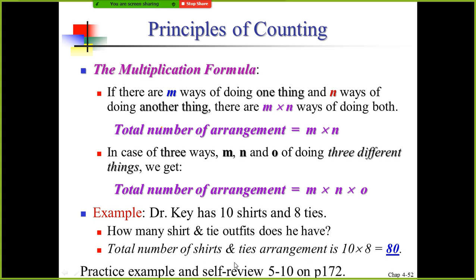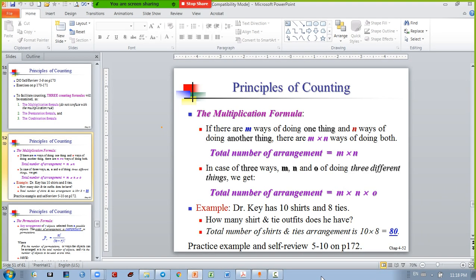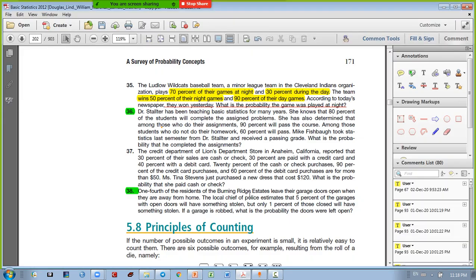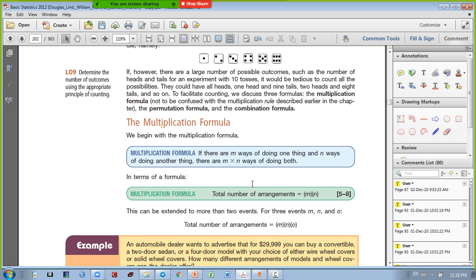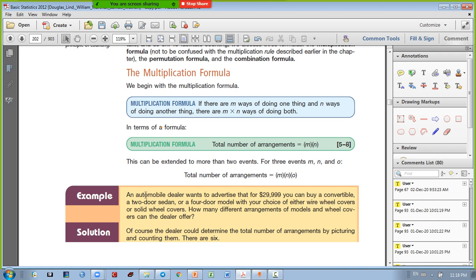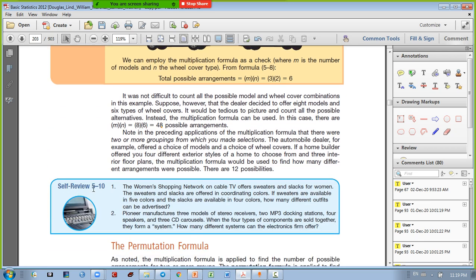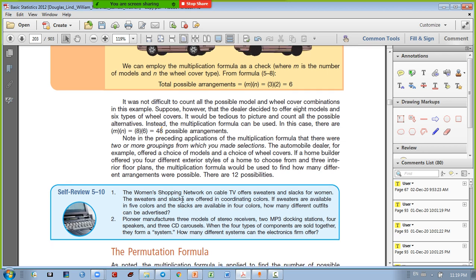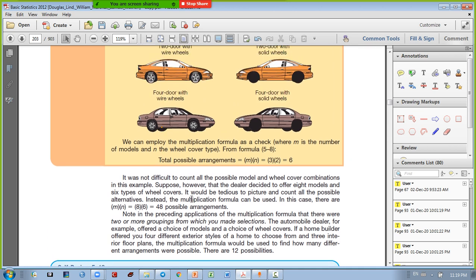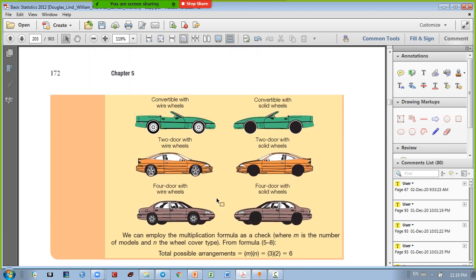You can practice the example in Self Review 5.10 on this page. This is the example, and this is the self review. I just show you this one, and you can study in your own time and try to practice it to get a clearer understanding.